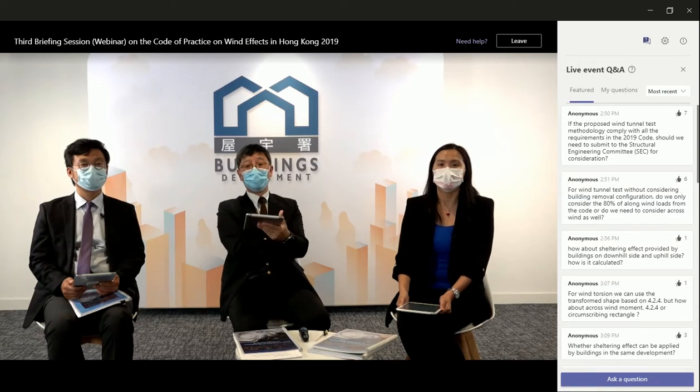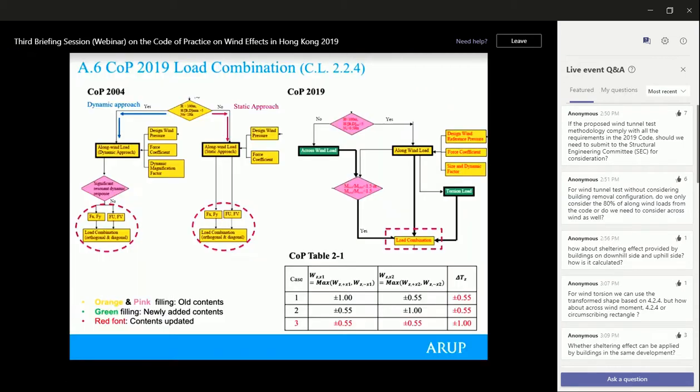But in the new code, you only need to calculate the two translational forces and then use Table 2-1, the load combination factors, to calculate the overall wind forces from various directions. And that actually covers all the 8 directions or 24 locations already with the torsional component.